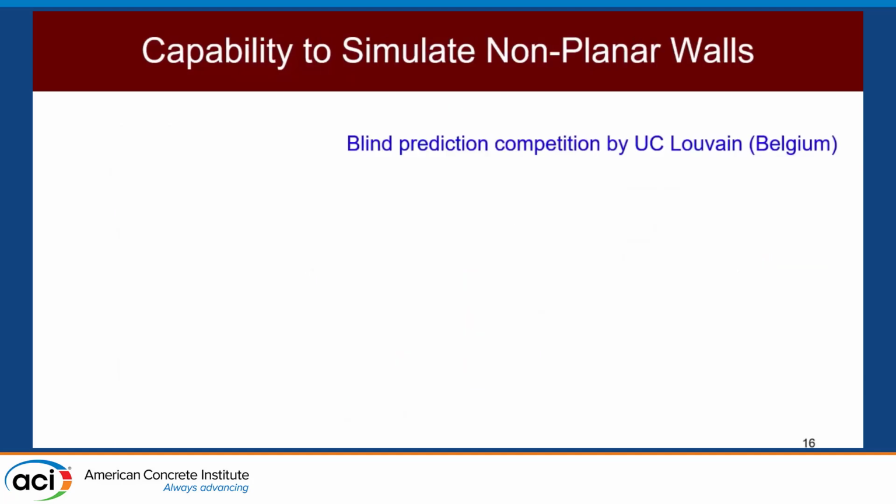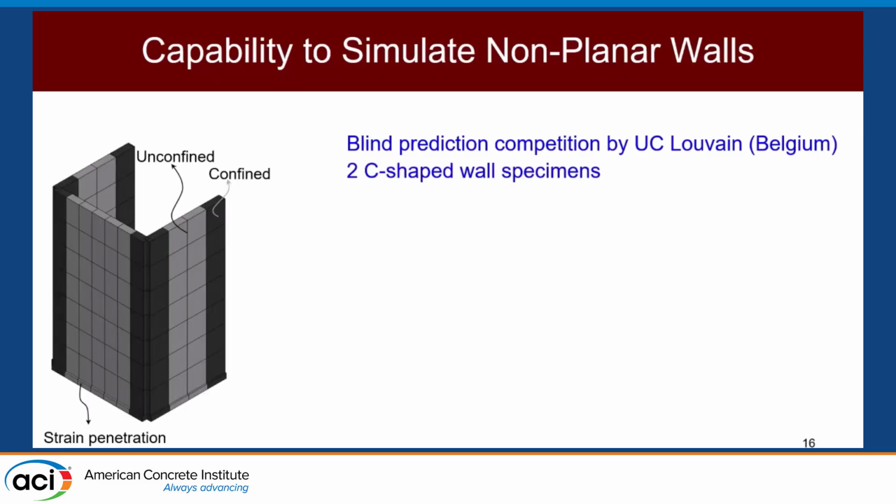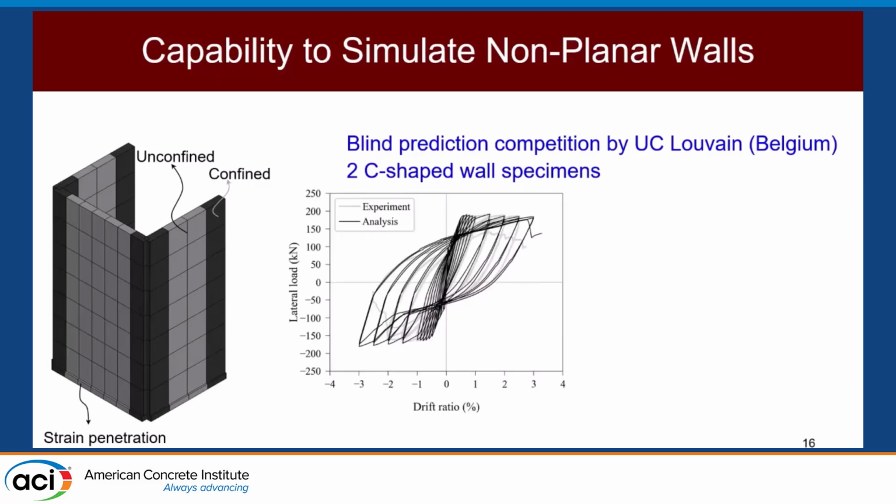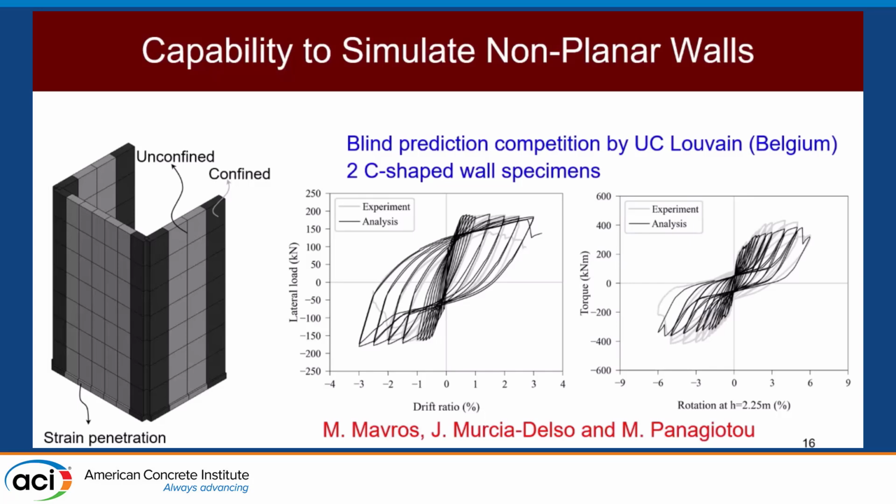And even in a blind prediction competition hosted at UC Louvain in Belgium, where you model two C-shaped wall specimens and then predict the outcome, this competition was undertaken by three of our co-presenters on this presentation, and they actually won for both of these walls by using this BTM-Shell element.